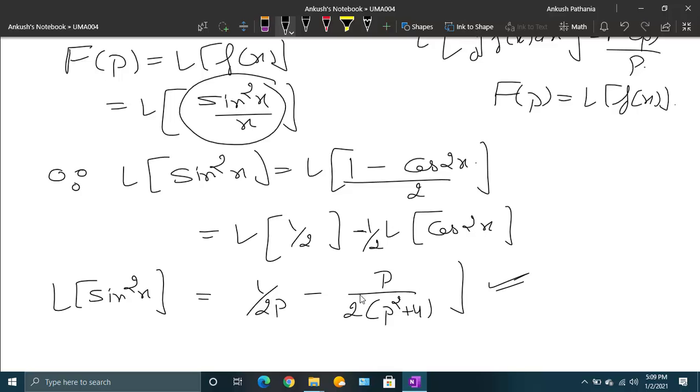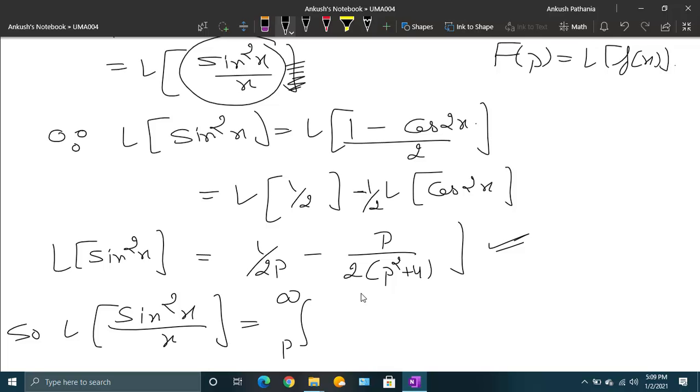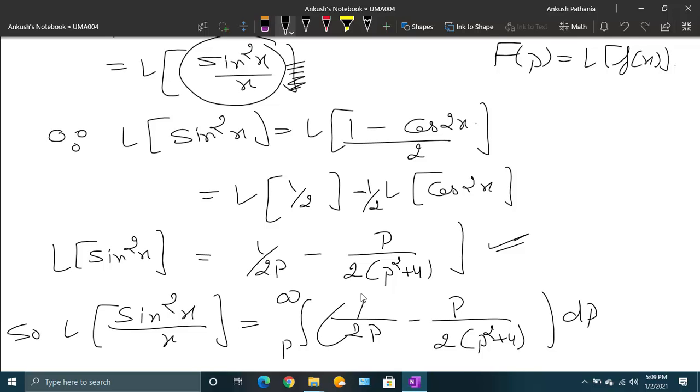Now that we have the Laplace of sine square x, we need to find the Laplace of sine square x upon x. By property 3, the Laplace of sine square x upon x is the integral from p to infinity of [1 upon 2p minus p upon 2(p square plus 4)] dp. Either we can take 1 by 2 common.